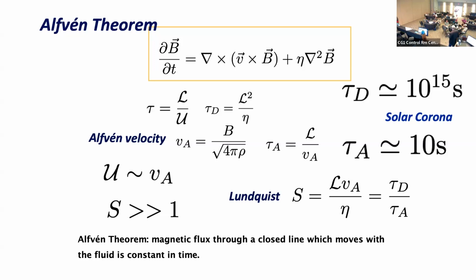And how can you tell? It's a singular perturbation because it changes the order of the differential equations. The differential equations without this piece have fewer derivatives in space than the equations with that piece, okay? It's called a singular perturbation. Singular perturbations introduce solutions that don't exist in the original equations.